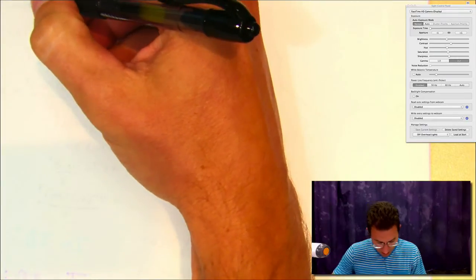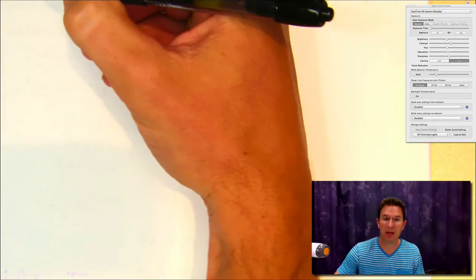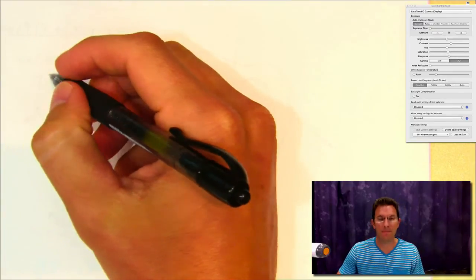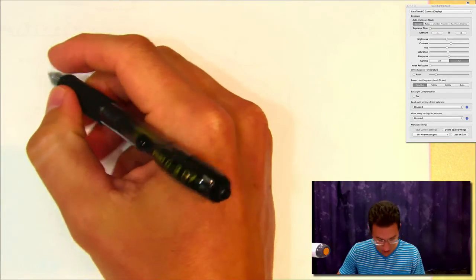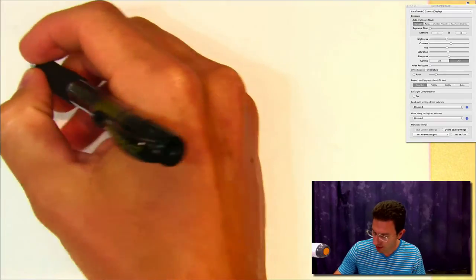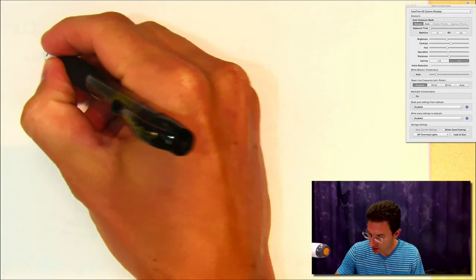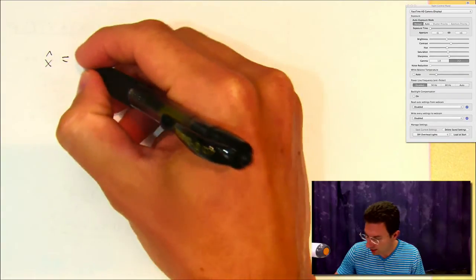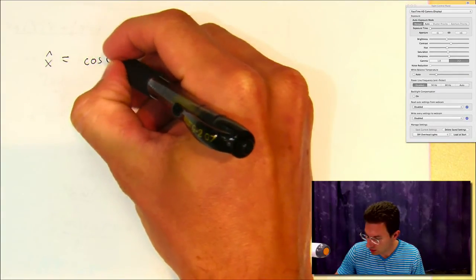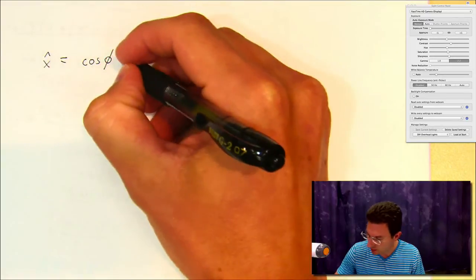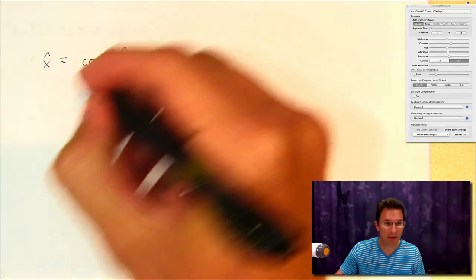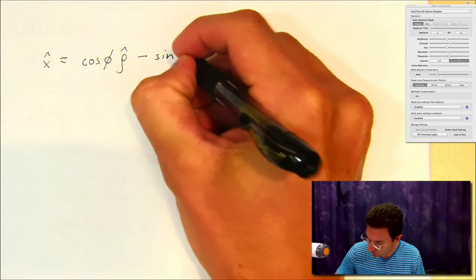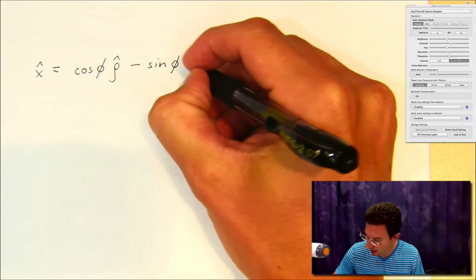In relating what we just did graphically to some algebra, you can express, for instance, the x hat vector in terms of the rho hat vector in this way: cosine of phi times rho hat minus sine of phi times phi hat.